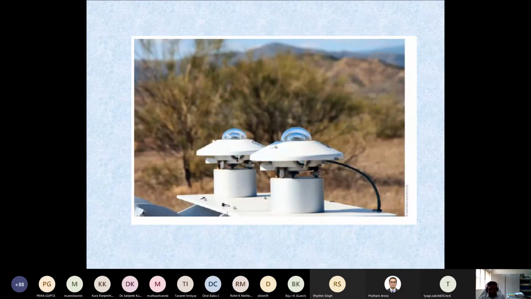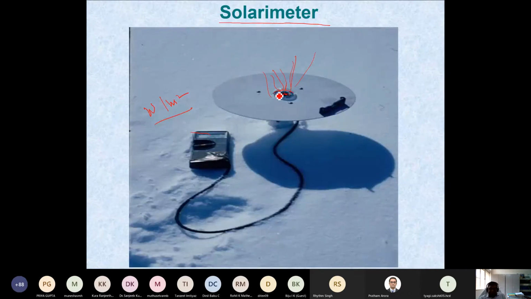Then, I told you that there are two components of solar radiation, beam radiation and diffuse radiation. We can measure these combined. Combined means, let me tell you, suppose this is the sensor and it is placed on the Earth's surface, and solar radiation is coming from the sun.